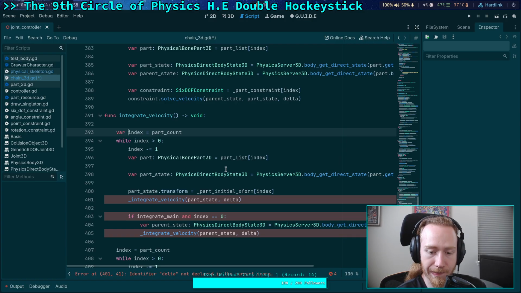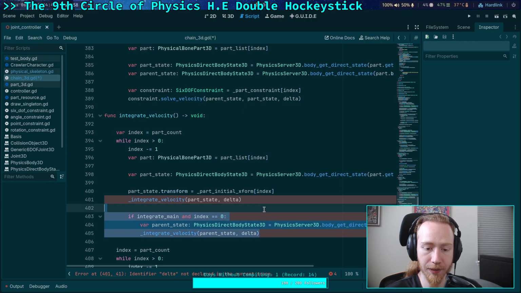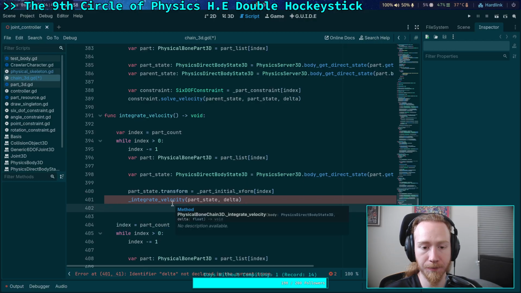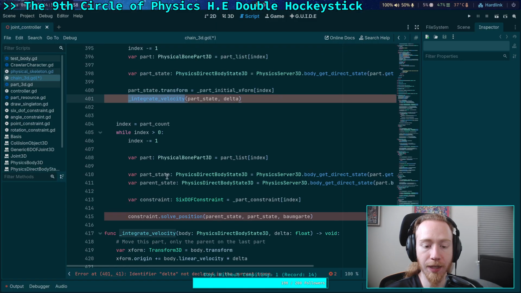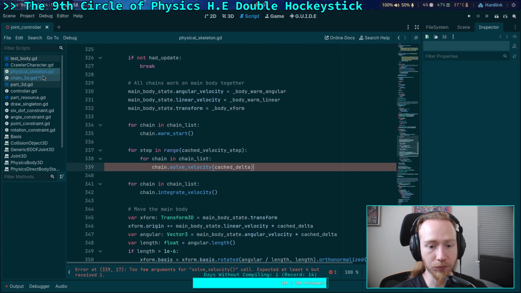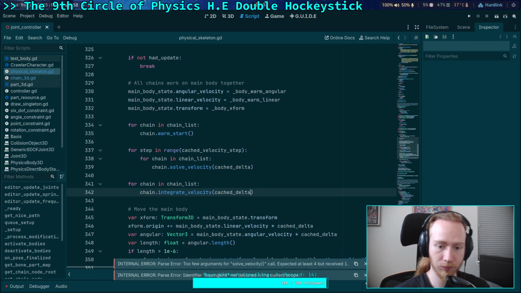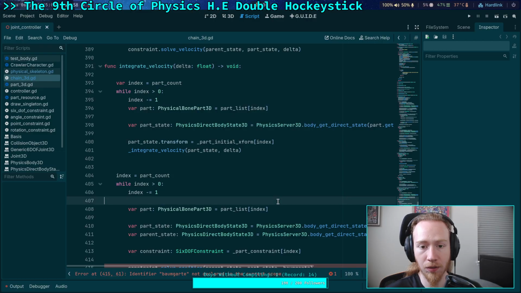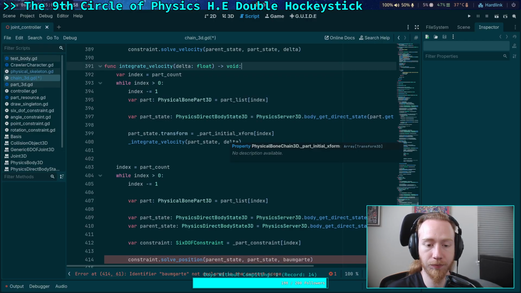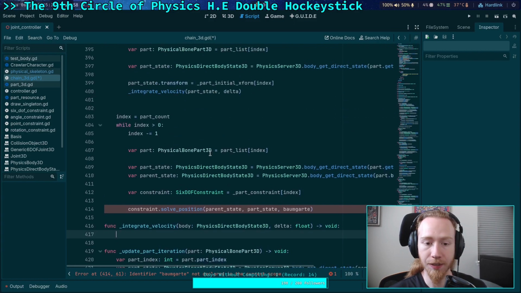Does this matter? This does not happen. It does need a delta. I don't see a reason to have this as a function.